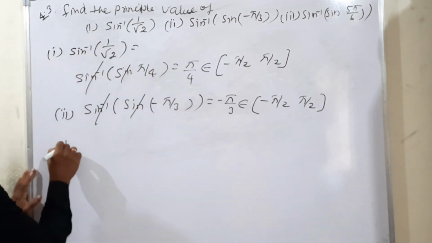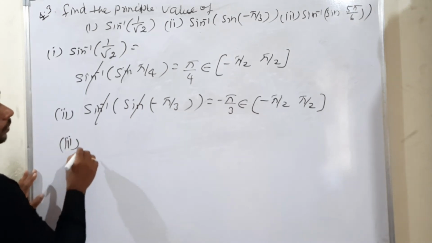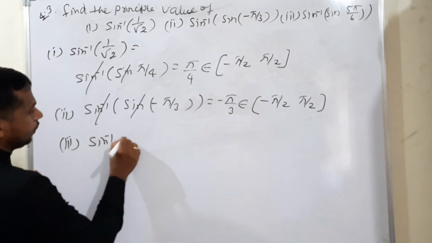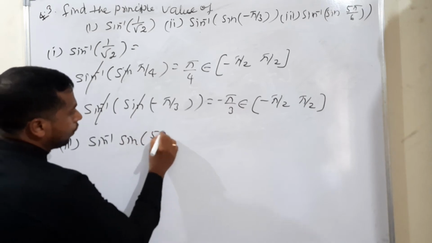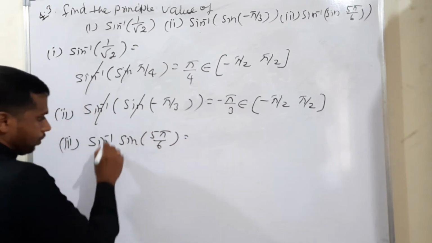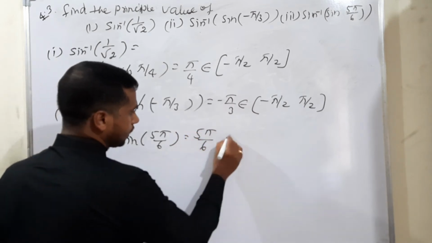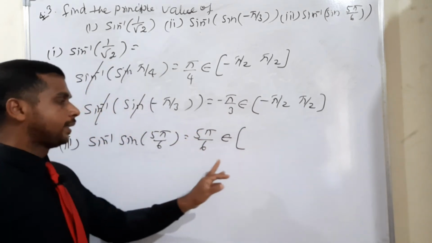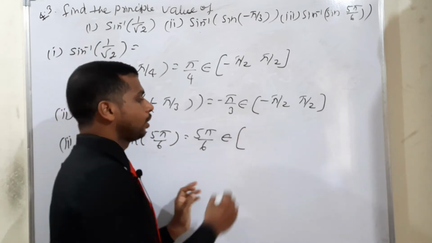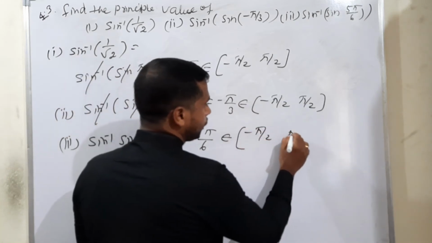Moving to subdivision 3: sine inverse of sine 5 pi by 6. According to the property, sine inverse sine cancel means the value will be 5 pi by 6. But we have to check whether it lies between negative pi by 2 and positive pi by 2. Pi by 6 means 30, so 30 into 5 means 150. Definitely it is more than negative 90 to positive 90. Therefore, it does not lie in negative pi by 2 to positive pi by 2.